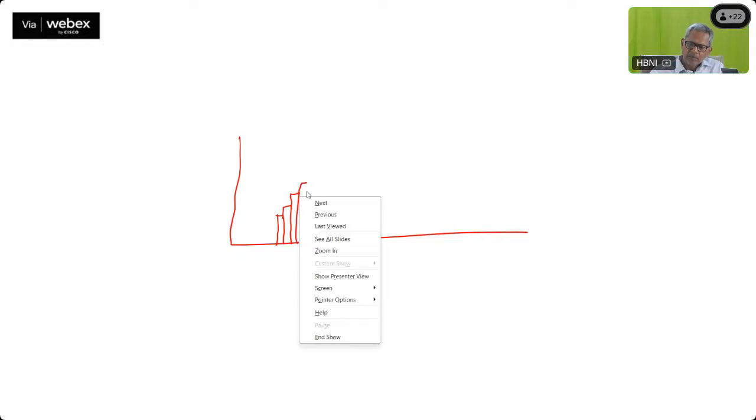I will give you a simple example. Suppose there is a number of, I don't have it in a figure, but I will try to make one.